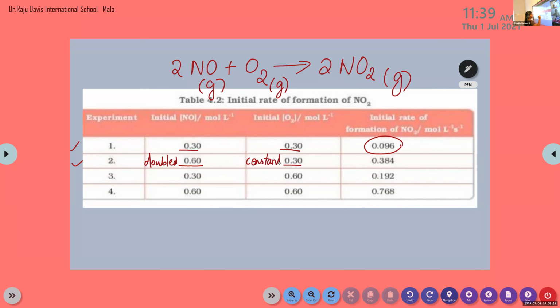What change occurs to the rate of the chemical reaction? Can you tell me? Does it increase or decrease? At least you can tell me that.